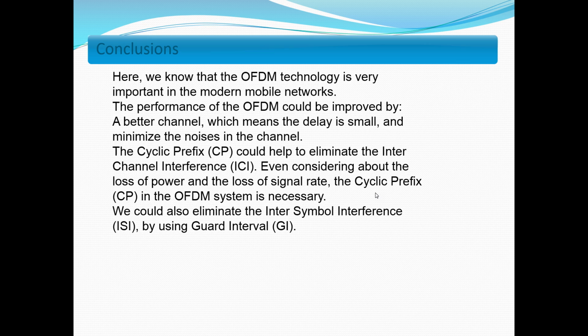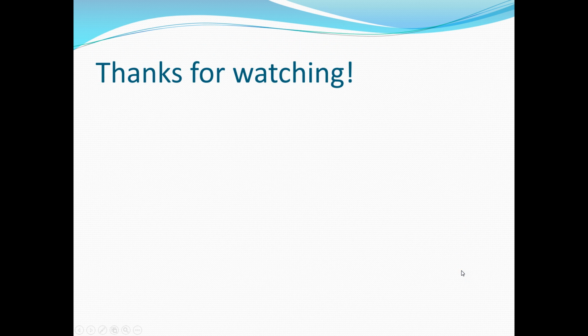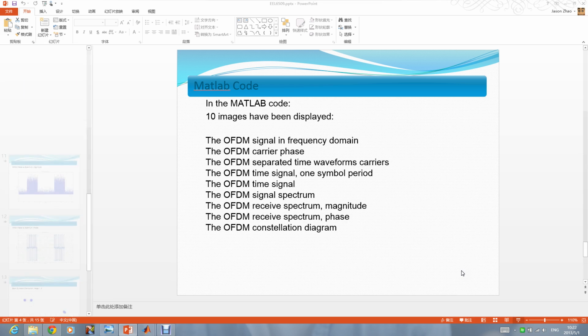Even considering the loss of power and the loss of signal rate as discussed above, the CP in the OFDM system is necessary. We could also eliminate the inter-symbol interference, ISI, by using the guard interval, GI. And thank you for watching this PPT.